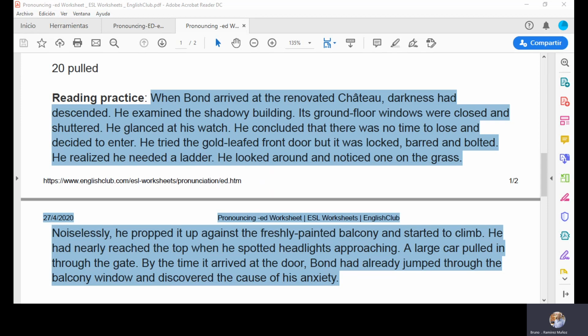He concluded that there was no time to lose and decided to enter. He tried the gold leafed front door, but it was locked, barred, and bolted. He decided he needed a ladder. He looked around and noticed on the grass.